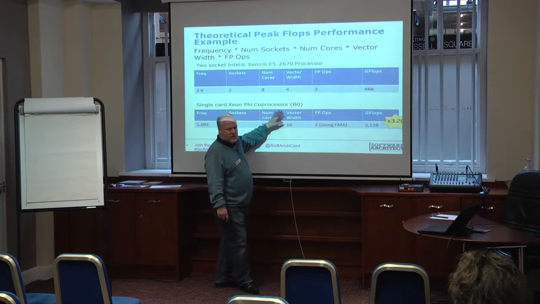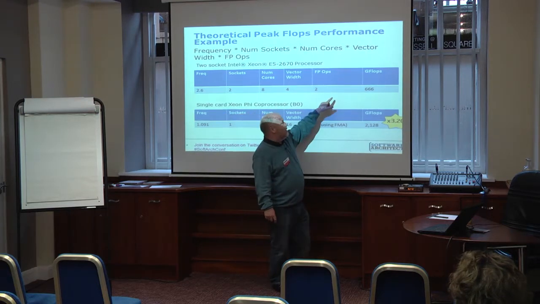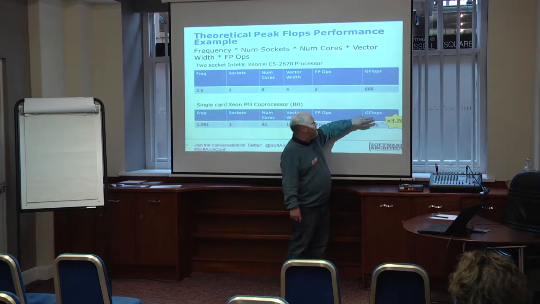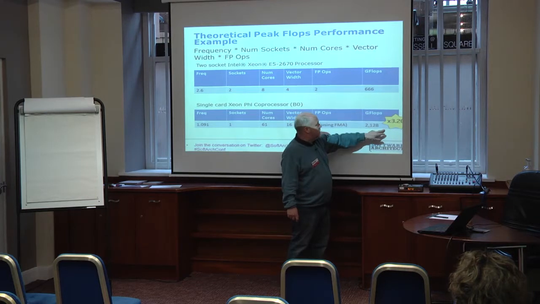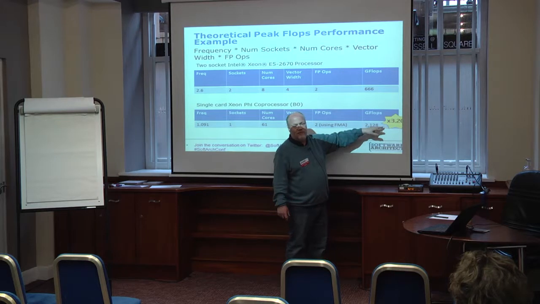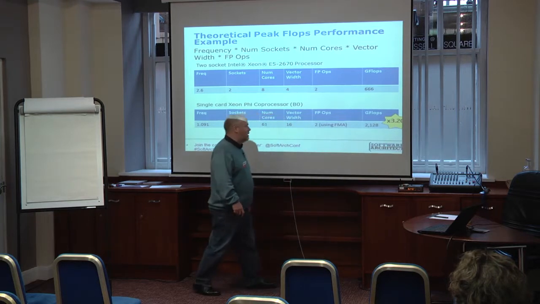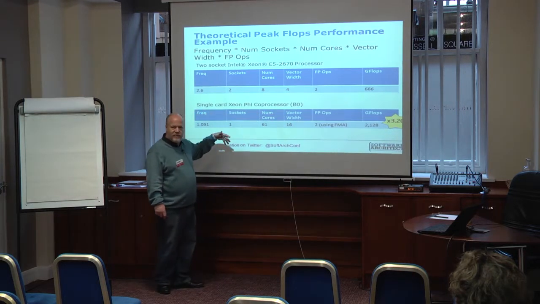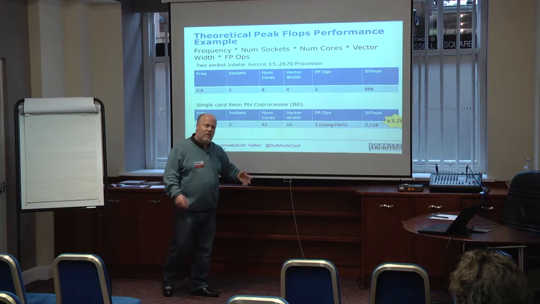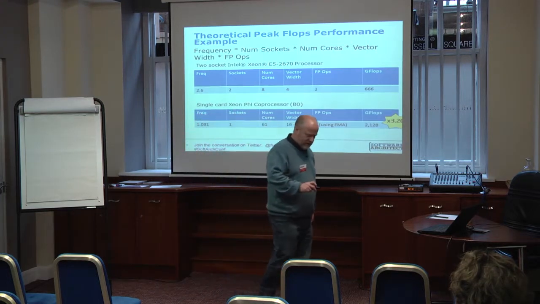If you're doing double precision, it would be half that. But what you see is that this is able to do 3.2 times the number of floating point operations that you could do on a regular Xeon. So that's just showing that you can get better performance by using a Xeon Phi processor.